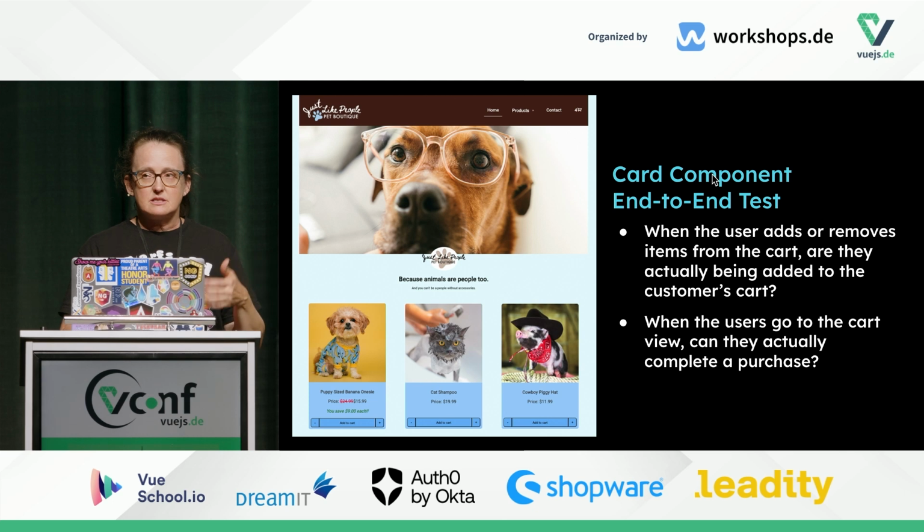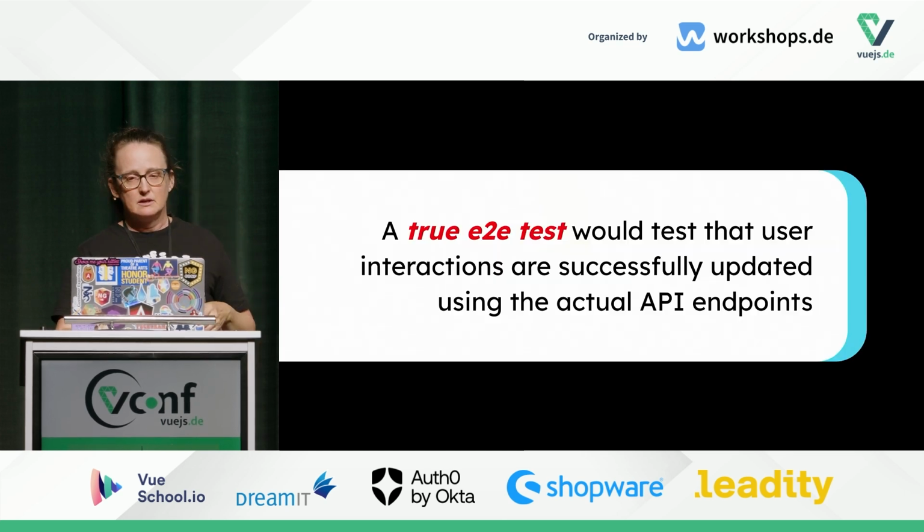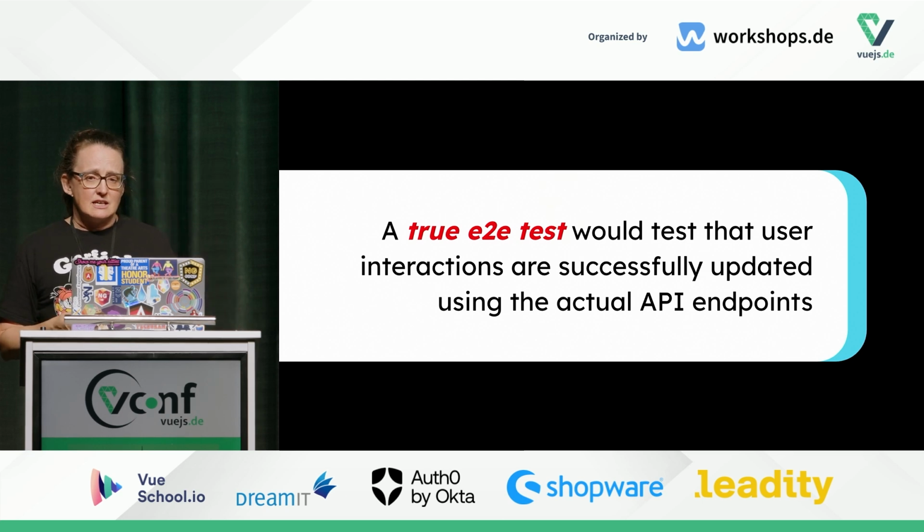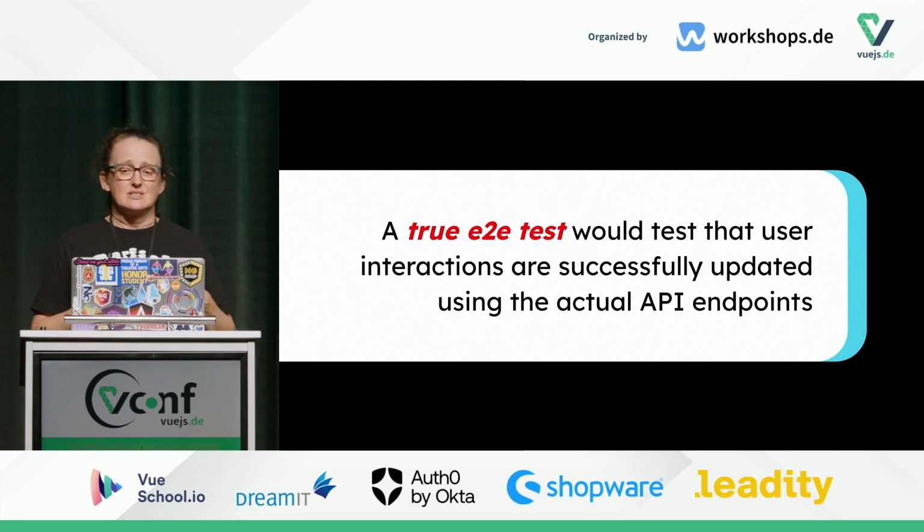So in these situations, a lot of times you need to do test setup and data setup and data teardown as well to make sure that every time you can expect the same values. So they take a little more work, and they can be a little risky because sometimes you're depending on the whole system to be up and running. So a true end-to-end test would test that the user interactions are successfully updated using the actual API endpoints.